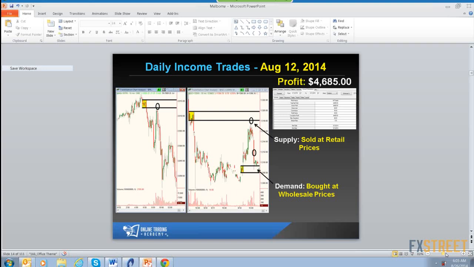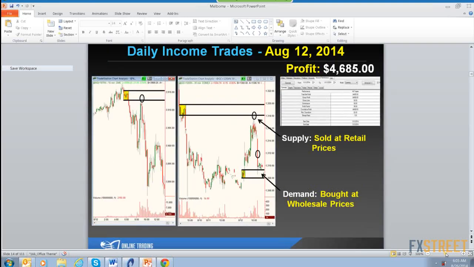The fact that price traded down to 1306 from 1318 tells us that there cannot be any significant demand until 1306 or lower. Does everybody understand why that is? If there was significant demand above 1306, price never would have traded down to 1306. It couldn't.